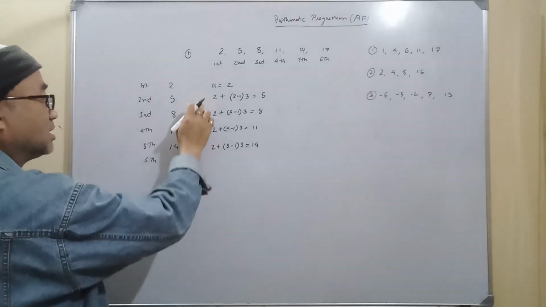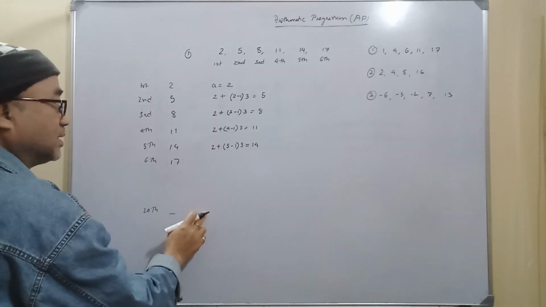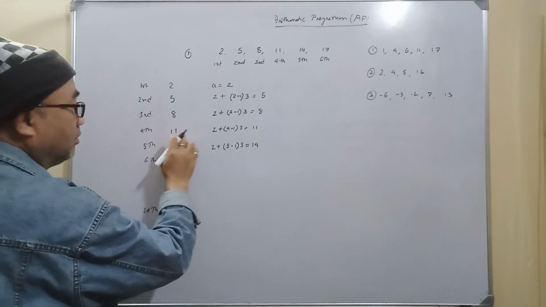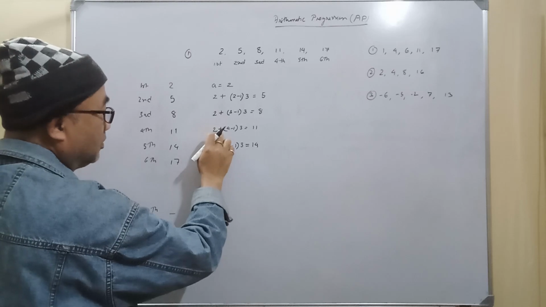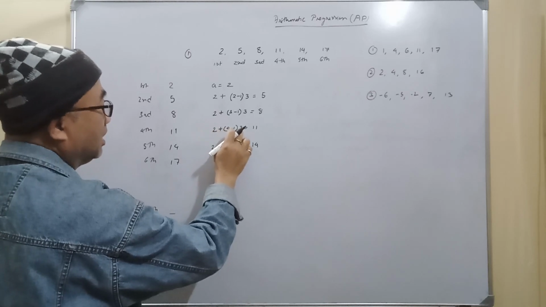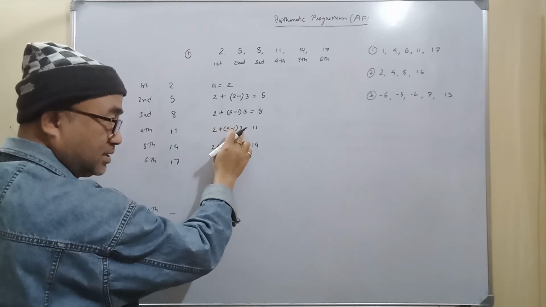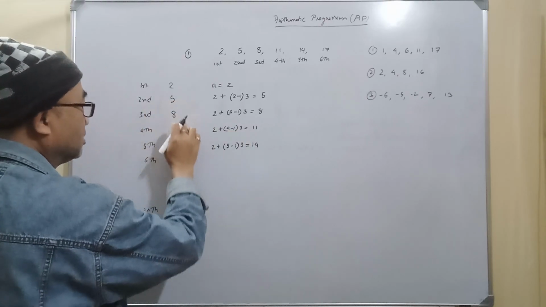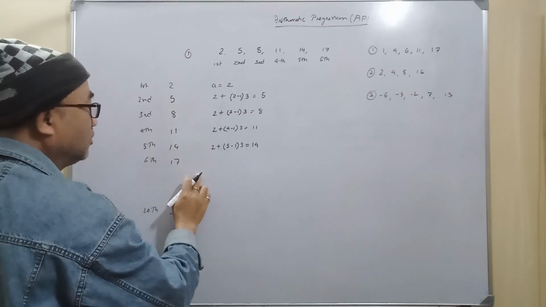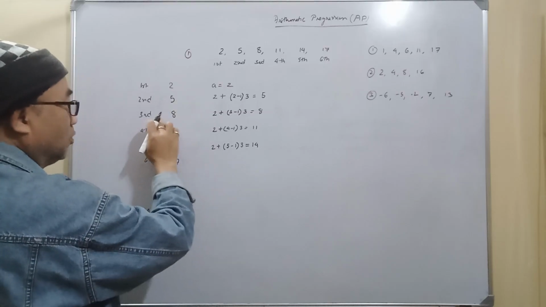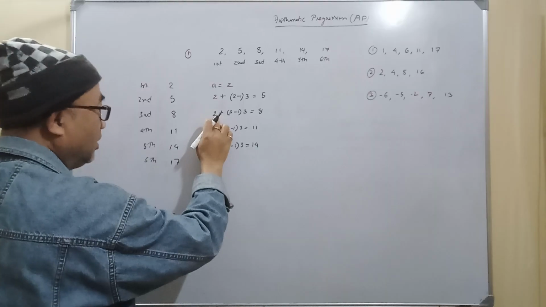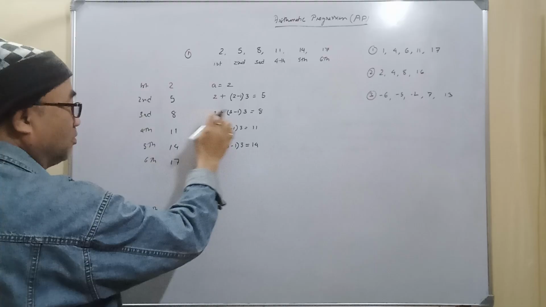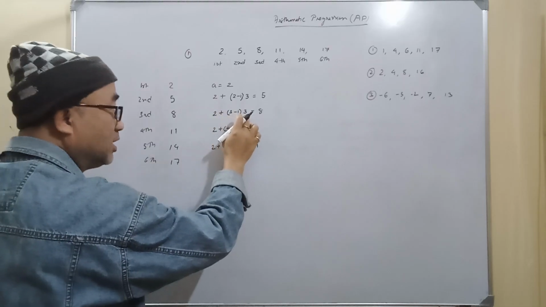So how are we getting each term? Suppose you are asked to find the fourth term. We get the fourth term by adding the first term to 4 minus 1 into the common difference, right? In every case, to find any term, suppose the third term, we take the first term plus 3 minus 1, the position of the third term minus 1, into the common difference.